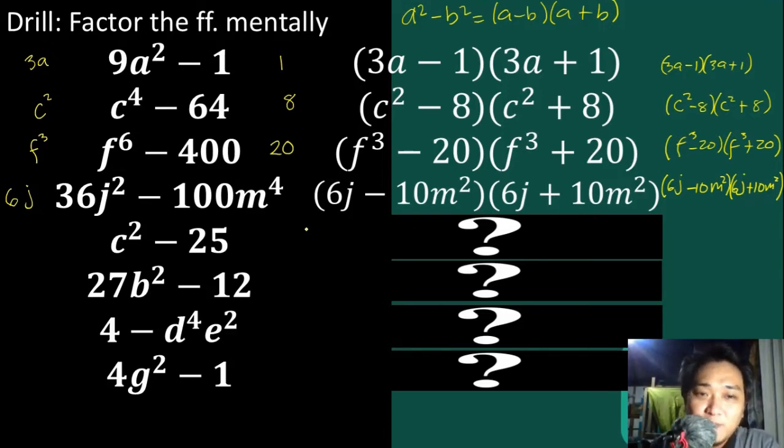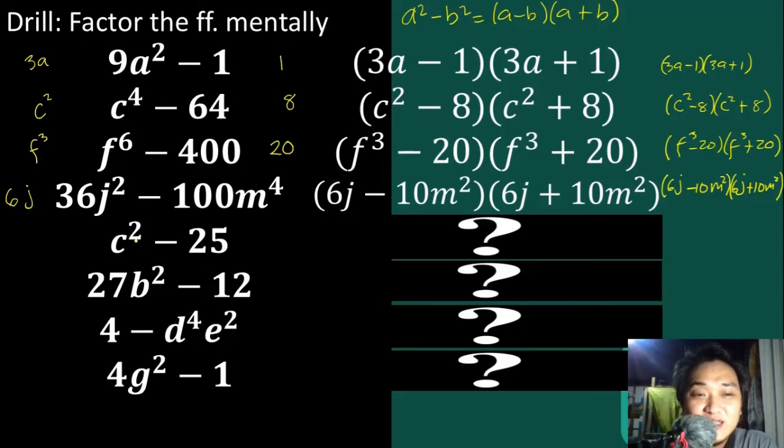So, kung may time kayo sa bahay, pwede nyong ituloy yung ating drill. Papakita ko sa inyo yung mga answers, and then i-replay nyo yung video, tapos i-solve nyo uli mentally kung ano yung magiging factors niya, and then i-check nyo uli yung answer kung tama kayo, kung na-master nyo na yung skill.